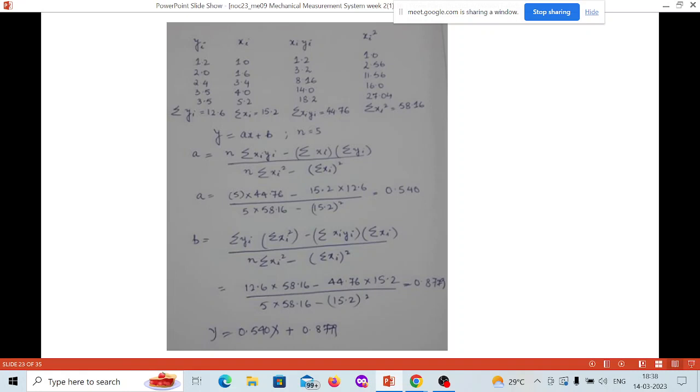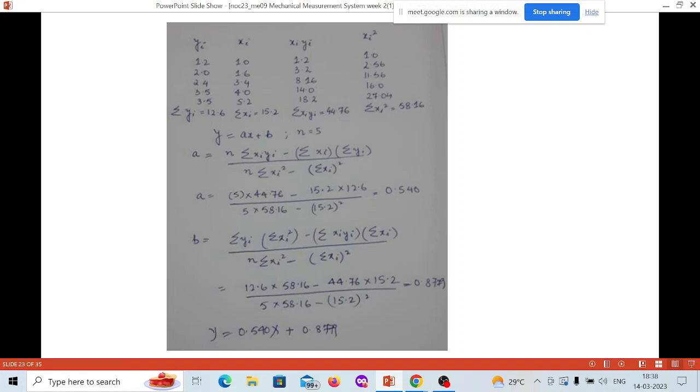So a is n summation of xi yi minus summation of xi into summation of yi, divided by n summation of xi square minus summation of xi the whole square. As you can see, we have already calculated summation of xi yi, summation of xi, summation of yi, and summation of xi square. So we have all the values required to calculate a and b for the linear line.